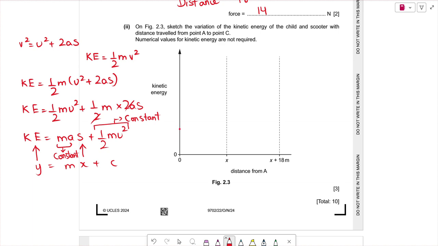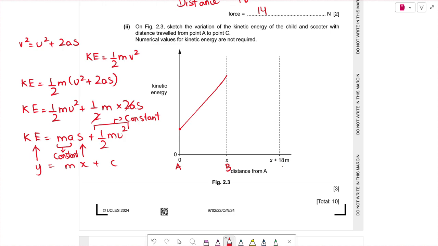At zero distance, his kinetic energy is going to have a certain value, and it increases with a constant gradient against distance. So this is how it's going to look for the position from A to B.